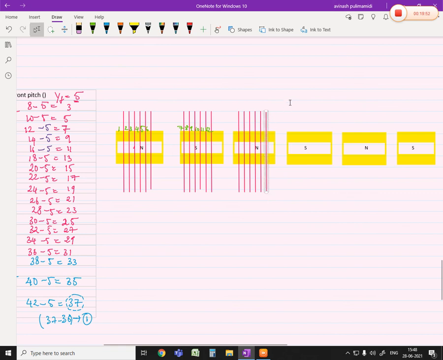Hope everybody are understanding here. So let us take this one as 13th number of conductor 13, 14, 15, 16, 17 and 18.